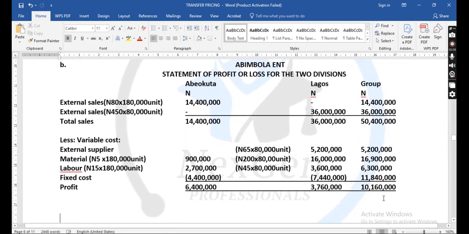But if you decide you don't want to sell to Lagos, you want to sell externally, the profit will reduce because of the capacity. You're supposed to sell the whole 200, but the demand is just 180. Do you understand? Yes, sir. Okay, that's fine.